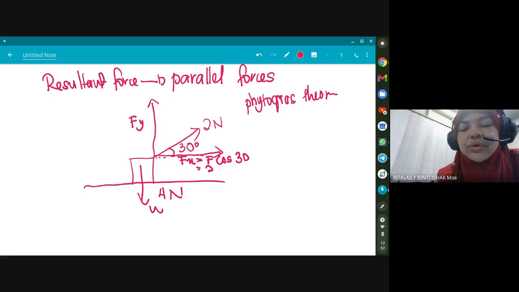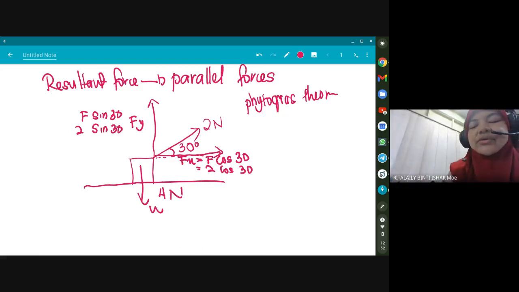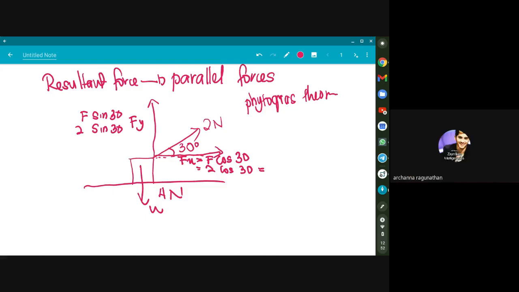So using the formula, F dekat kan cos 30. So 2 cos 30. And then this one is F jauh sin 30. So 2 sin 30. So this one you get, what is the value for the horizontal component? 1.